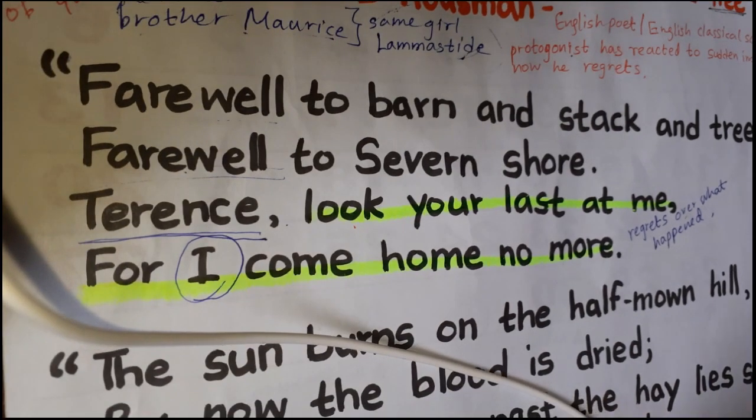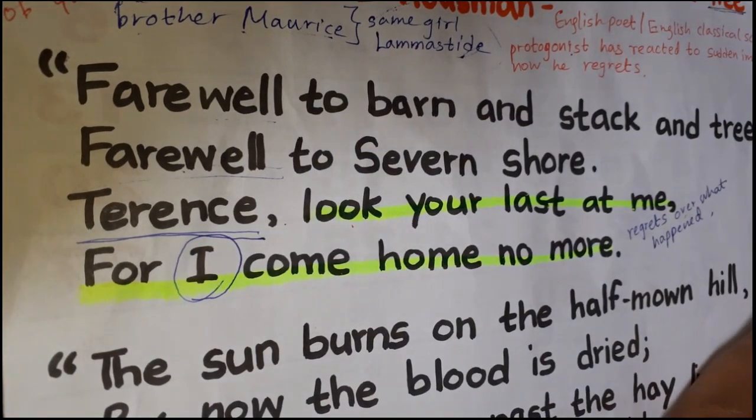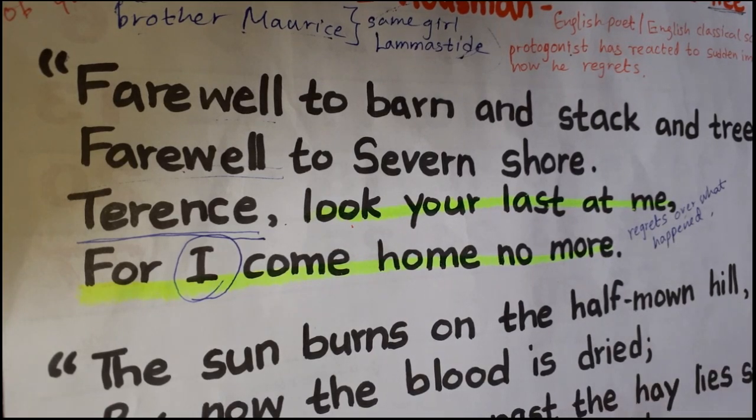Now I told you that the brother's name is Maurice. So in most of Housman's poems, Terence is considered as the brother, right? In most of his poems, Terence has been taken as the brother's character.